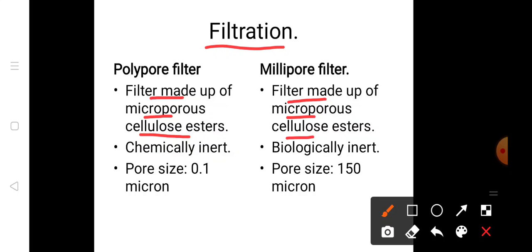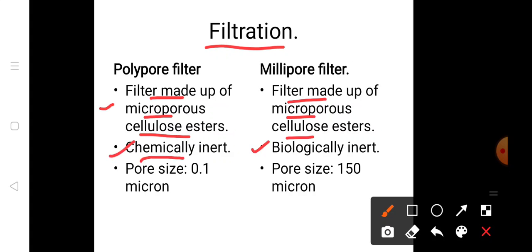Okay, they are chemically inert. Polypore filters are chemically inert, whereas millipore filters are biologically inert. Chemically inert means that the filter does not interact with the solution being filtered, such as water, air or any chemical.